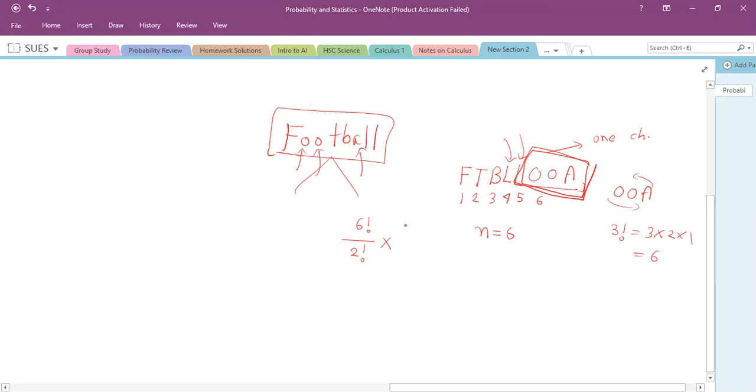So here we write 6. And if you look closely, we have 2 O's here, so again, the same way, we also have to divide by 2 factorial, because we have the same character here, O. So the answer will be 180 ways.